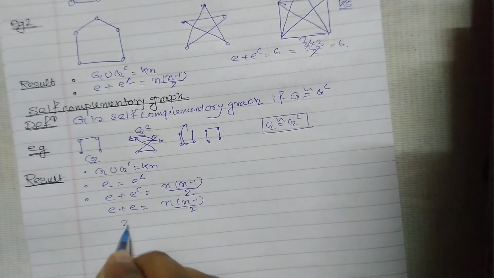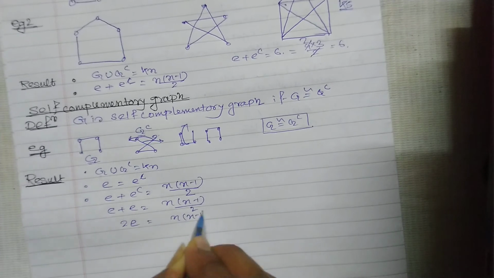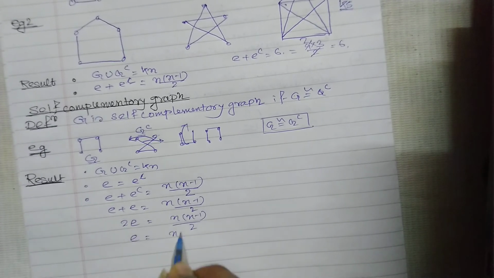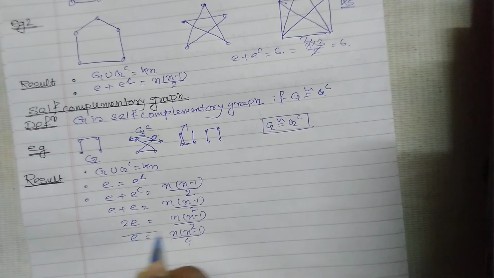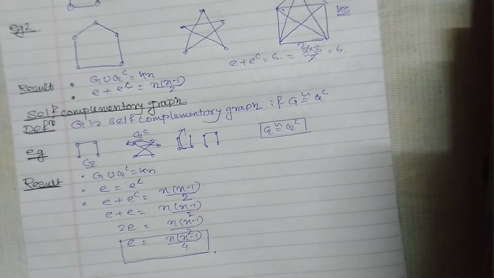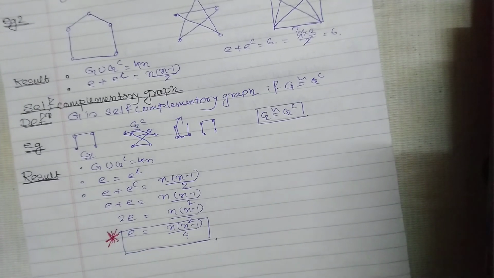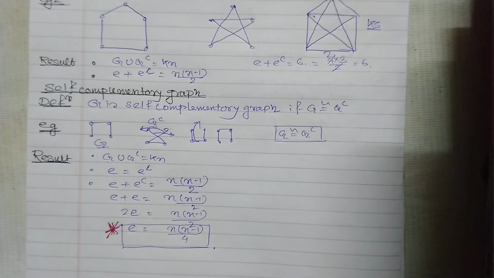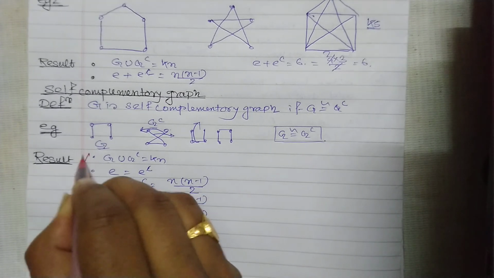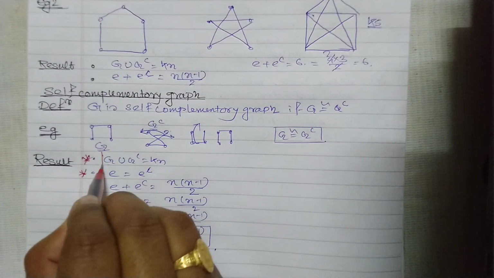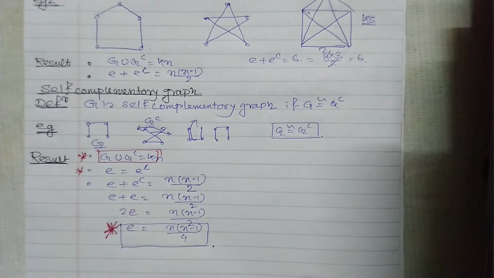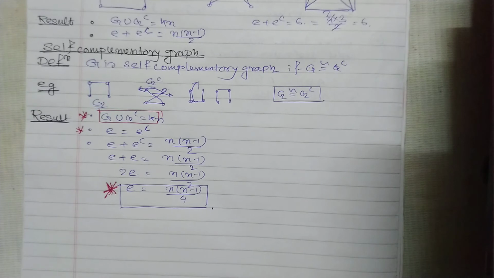Then 2E is equal to n into n minus 1 by 2, and we can write that E is equal to n into n minus 1 by 4. I can put a star over here. This is a very important formula. You can see many problems in previous GATE exams or university exams using this formula. You need to remember these formulas, or the derivation is also very easy. This is not a big deal.